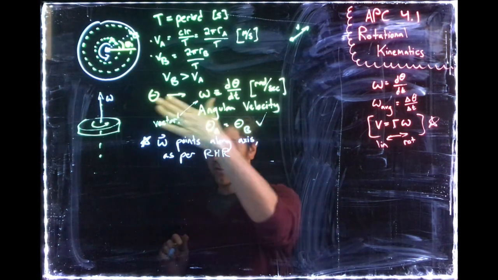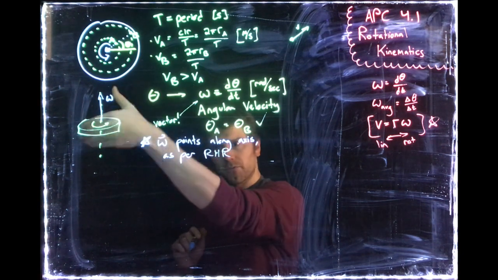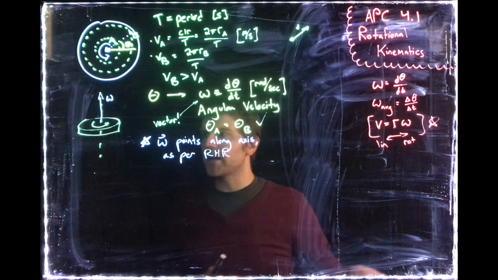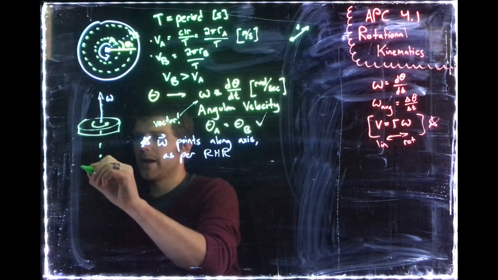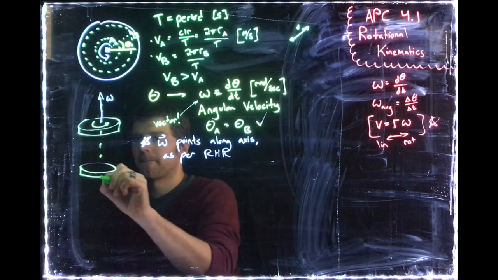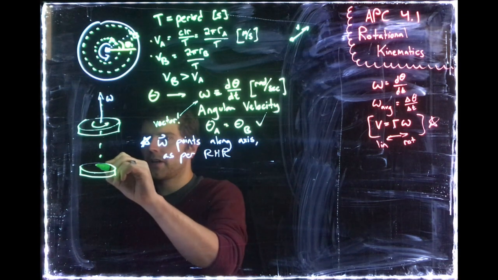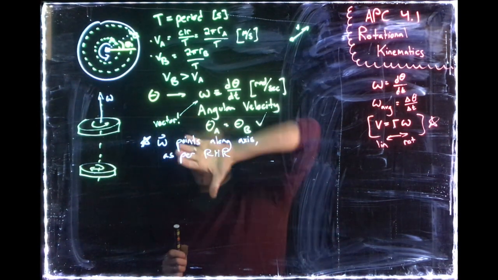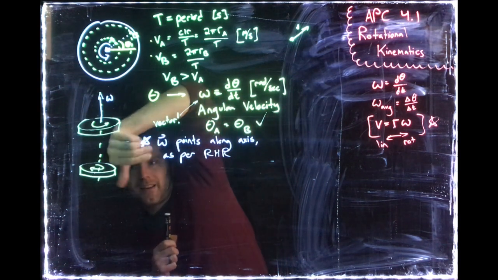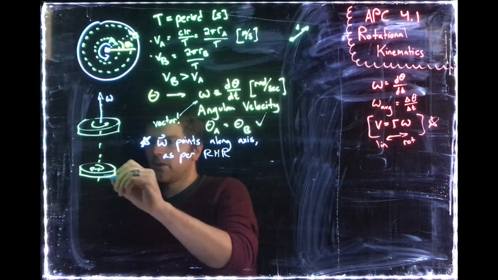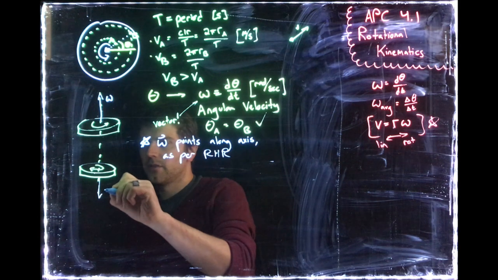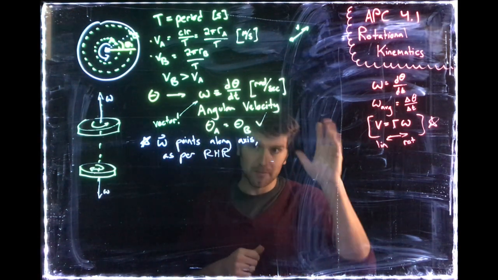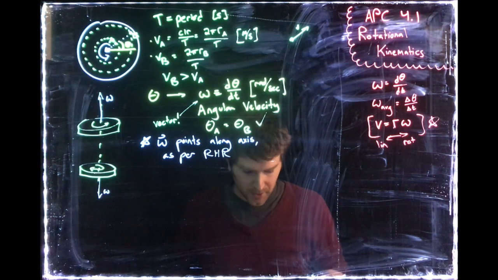You're going to use your right hand, curl your fingers with the direction of motion, and point your thumb up. That does mean, of course, that if this disk is rotating the other way, if it is rotating clockwise, in order to do that, I have to flip my right hand upside down. And so here my omega vector is downwards. So counterclockwise is usually the positive, the upward direction here.